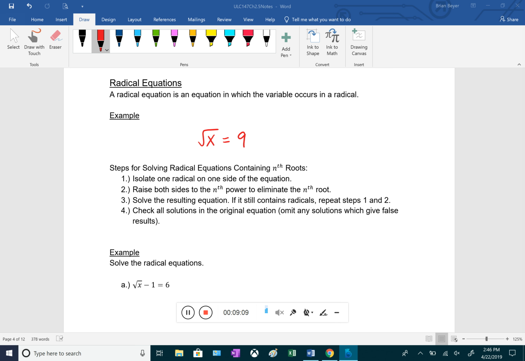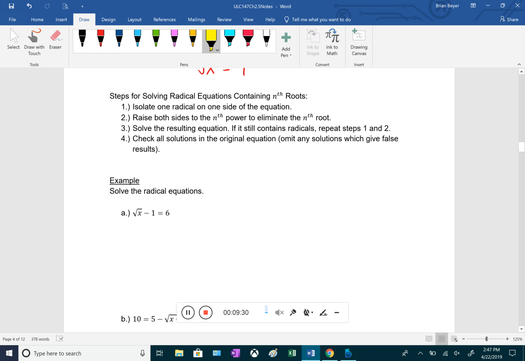If there's still radicals, we're going to repeat steps 1 and 2. We do have to check our answers here, because the domain of a radical is not all real numbers. So we have to check our answer back in the original, and we're going to omit any solutions that give us a false result.